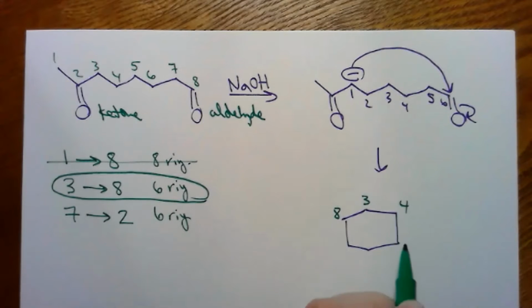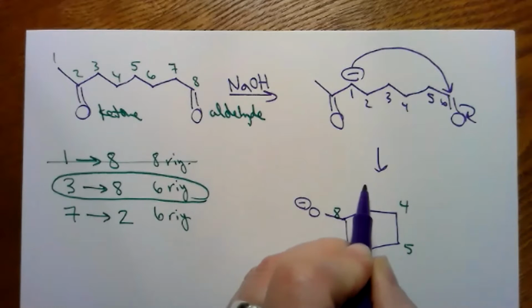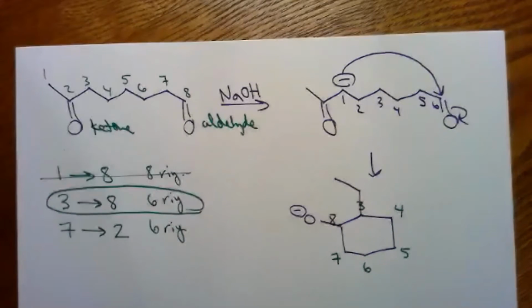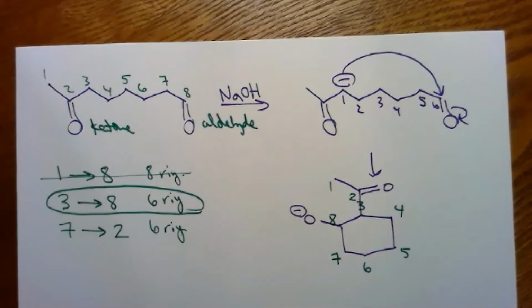I did not specify where those things were. I just slapped some numbers on my 6-membered ring. If carbon number 3 attacks number 8, it should have an O- on it. Number 3 should have carbon number 2 and carbon number 1 connected. And carbon number 2 should have a carbonyl.